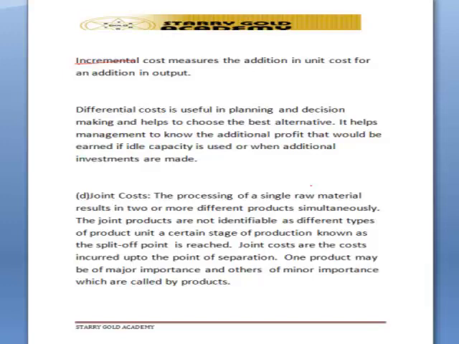Differential cost is measured as the difference in total, but when we are using incremental cost, we are looking at the difference in units of output, in an additional output.